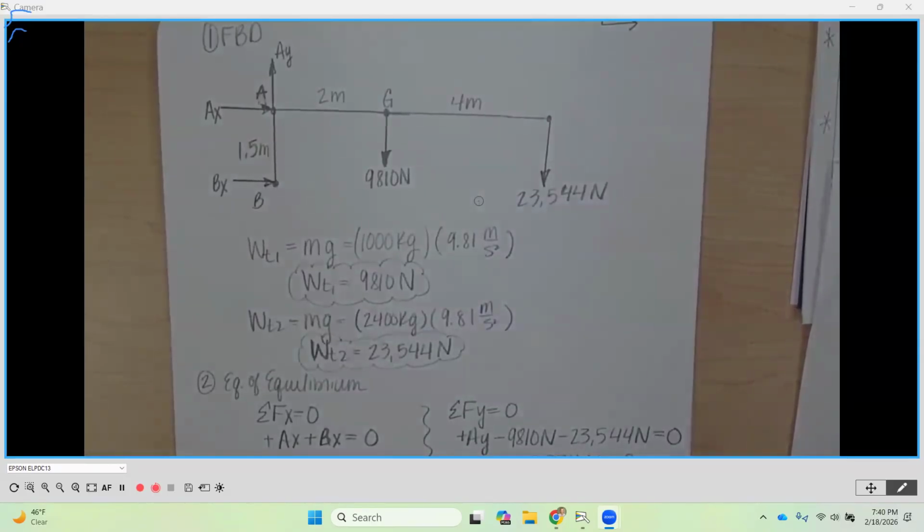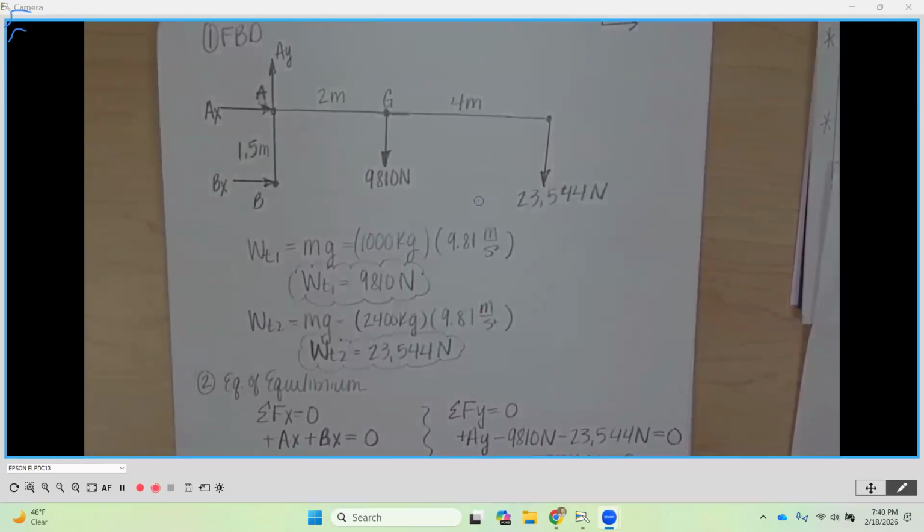I've got sum of the moments around a point equal to 0. What is one of the 2 points that I would consider for summing moments around? A or B. Right. I could go around A or B, knowing that whichever one I do, one isn't better than the other. A or B, I will get the very same answer.